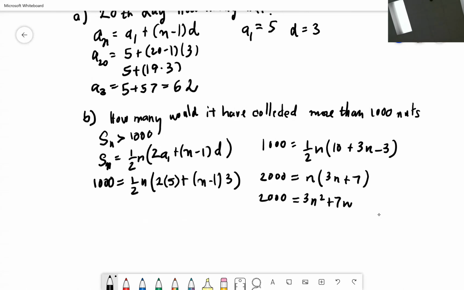We may write this as 3n squared plus 7n minus 2,000, for this is a quadratic, and we're going to write it in standard form. Now let me grab my calculator. And our job now is to solve that quadratic.